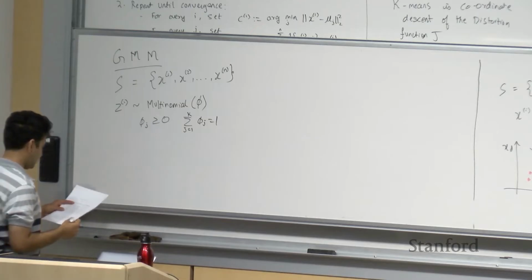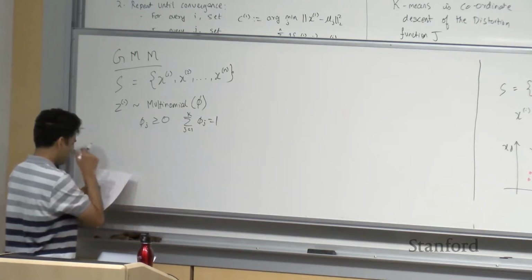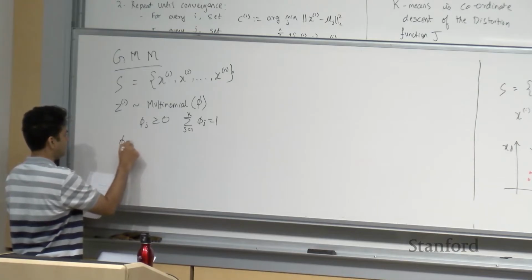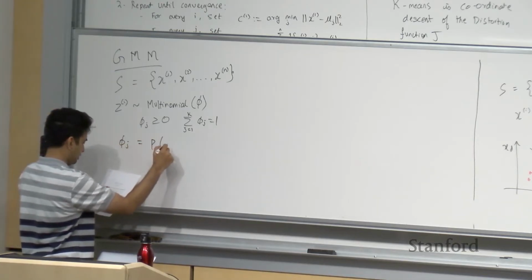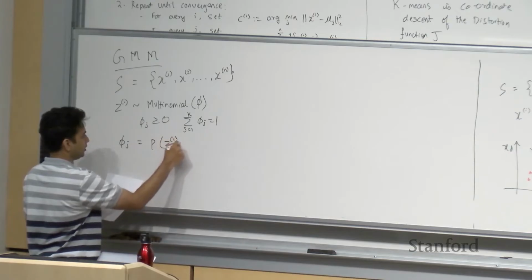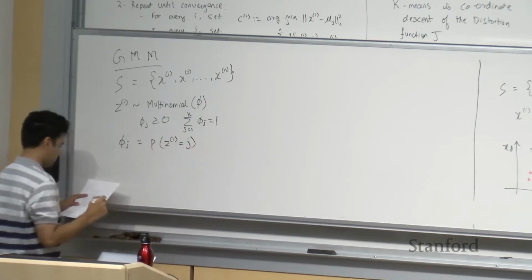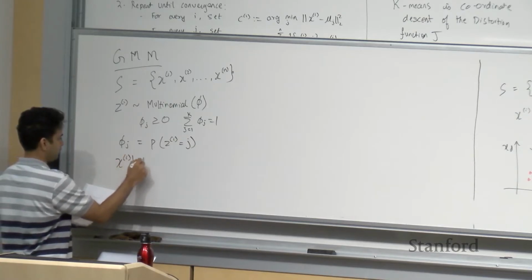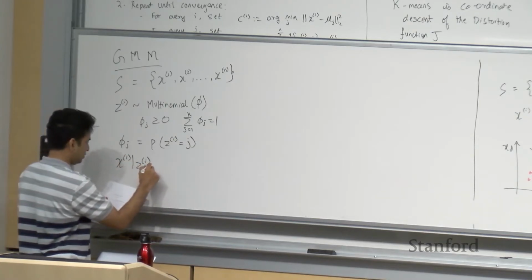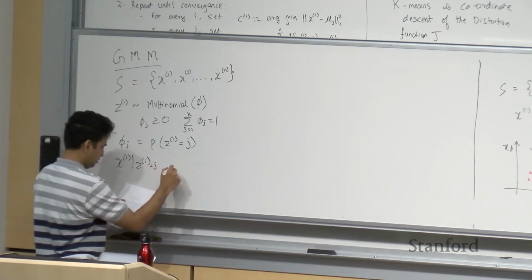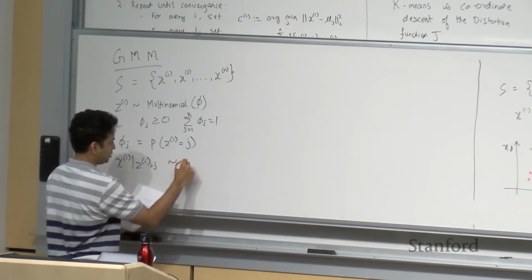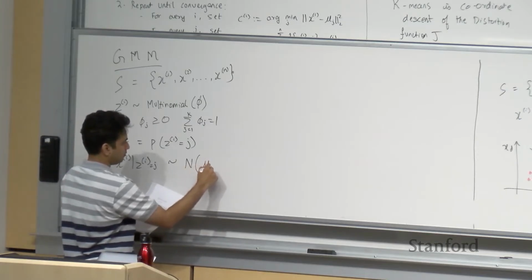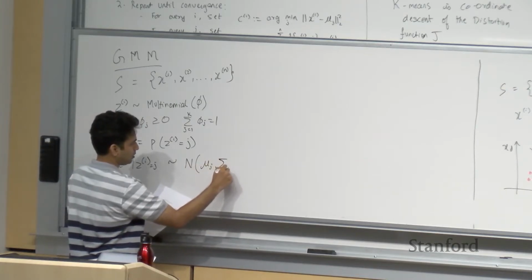Right? And phi_j is the probability that z_i equals j. Right? And then we have x_i given z_i equals j distributed from a normal distribution of mean mu_j and covariance sigma_j.